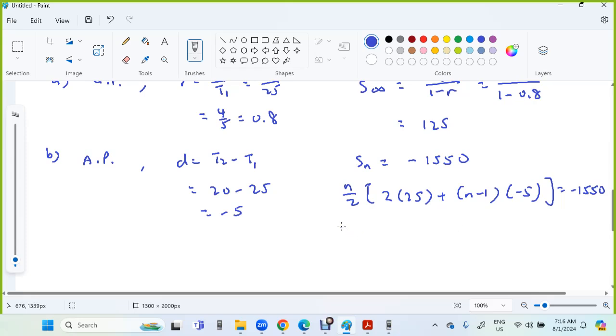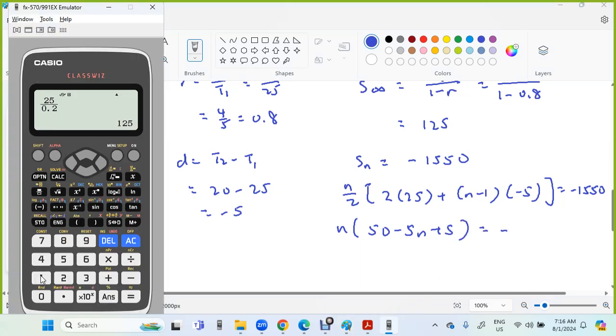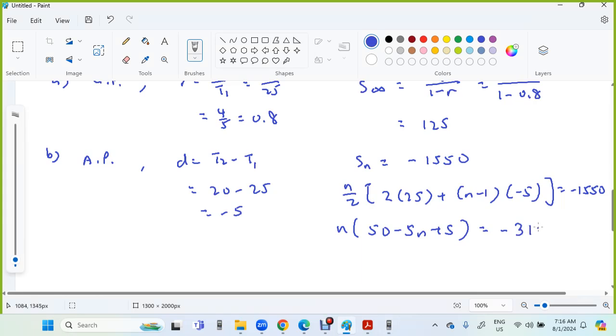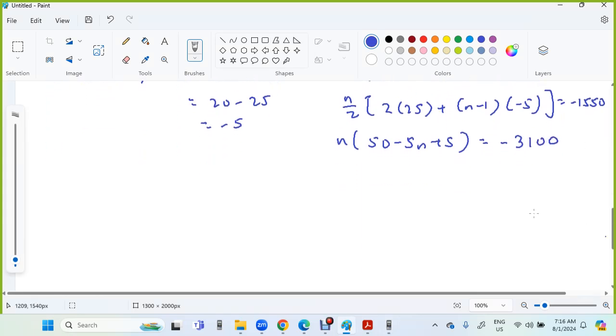So we have n times 50 minus 5n plus 5 equal to negative 1550 times 2, 3001... so we have 55n minus 5n squared plus 3001 equals 0. Then 5n squared minus 55n minus 3001 equals 0.